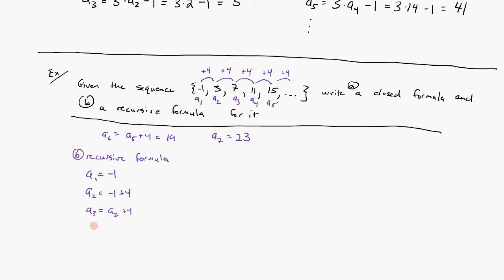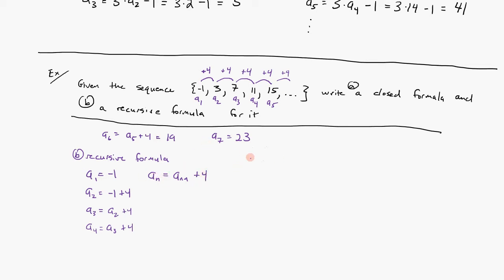So add 4 to the previous term, and then a sub 4 is equal to a sub 3 plus 4. So this is the recursive pattern. And so the way I write it is that a sub n is taking the previous term in the sequence, which is a sub n minus 1, and then adding 4 to it. So this is the recursive formula.